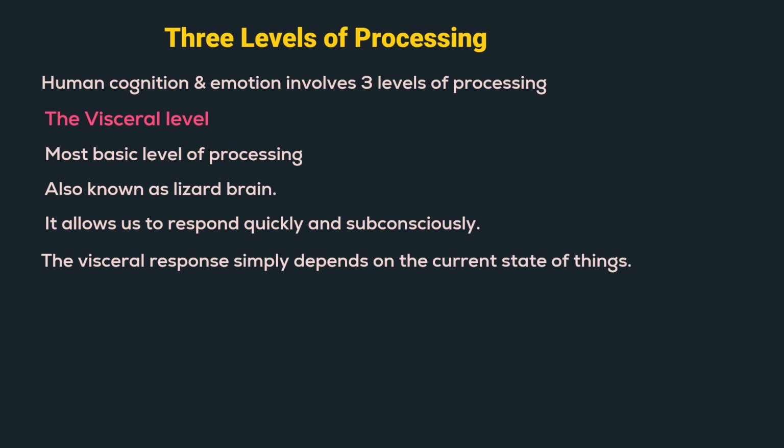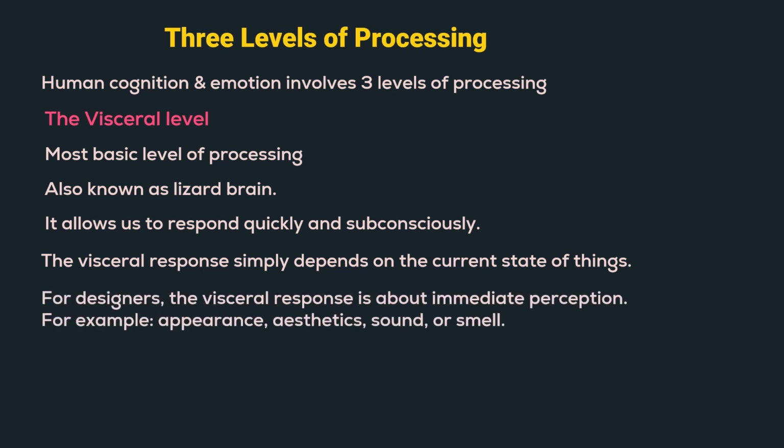The visceral response simply depends on the current state of the things and does not take into consideration any previous actions. For designers, visceral response is about the immediate perception. For example, appearance, aesthetics, sound, or smell of the object or thing can create a good first impression.